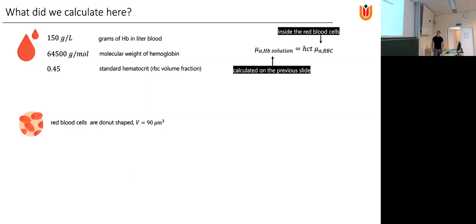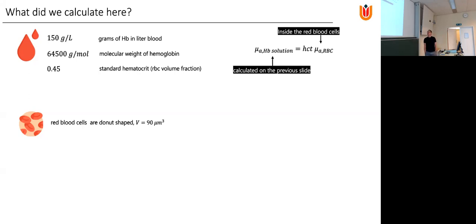So we have this situation. These are the numbers that we had on the previous slides, and what you also need to know here is the volume fraction of red blood cells in blood. That is called hematocrit, and the standard value for healthy people is about 45%, 0.45.